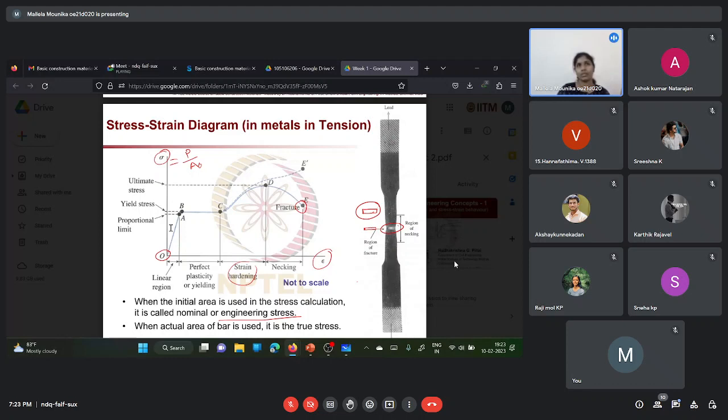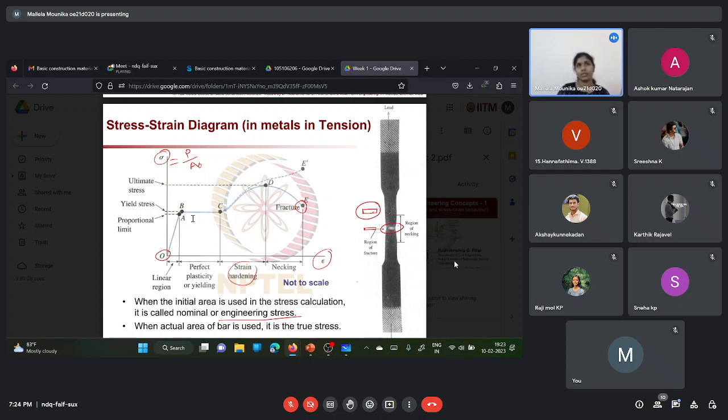And what is strain? Anyone? Okay. Because of the application of external load, there will be an internal resistance that is called stress. Then, if you come to the strain, because of this applied load, there will be a change in the dimensions of the specimen.